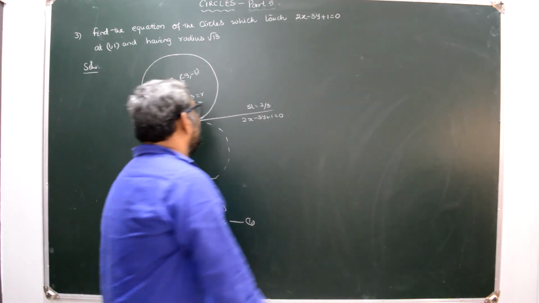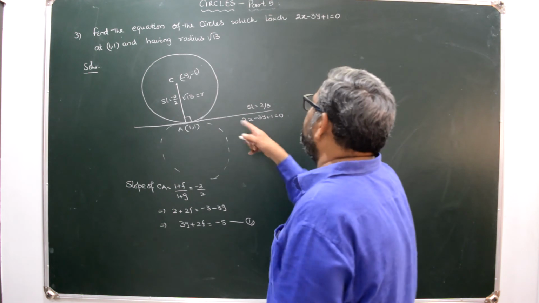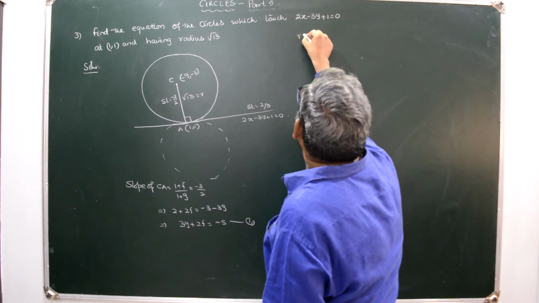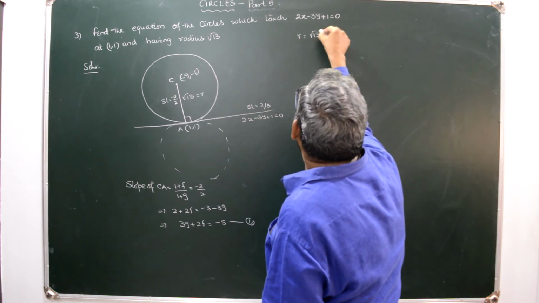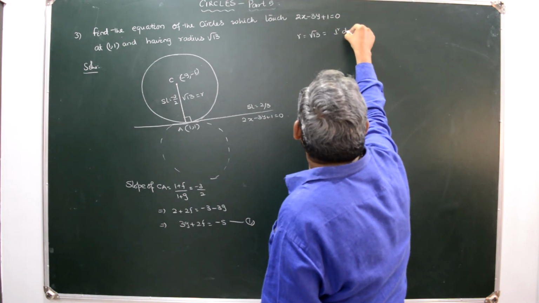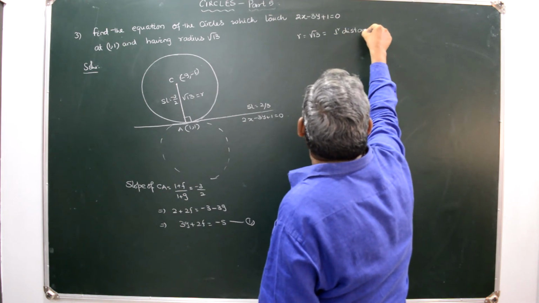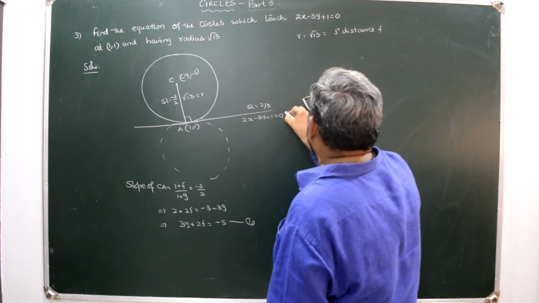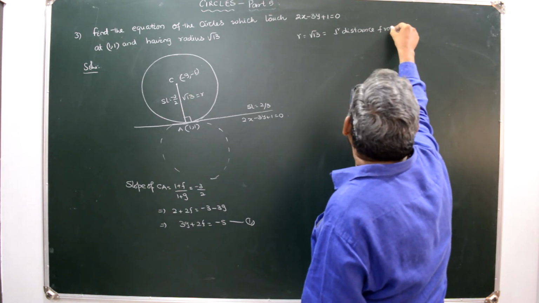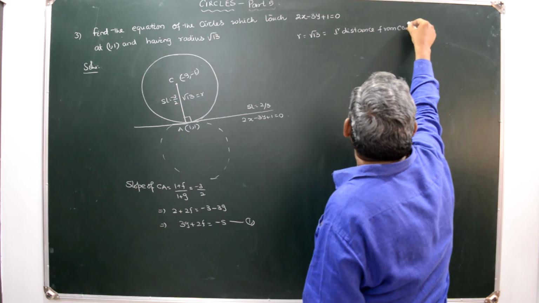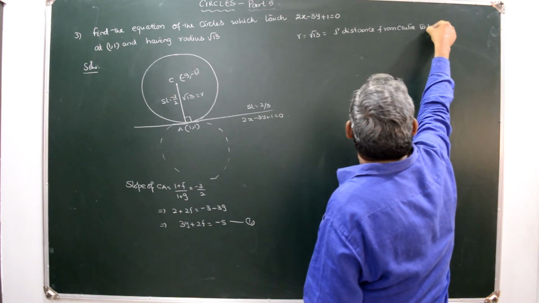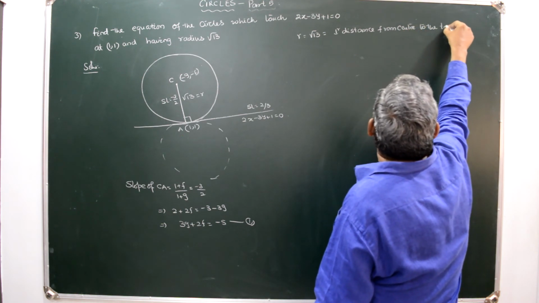Now, the perpendicular distance from center to the line is equal to radius. R is equal to root 13 is equal to the perpendicular distance from C, from center to the tangent.